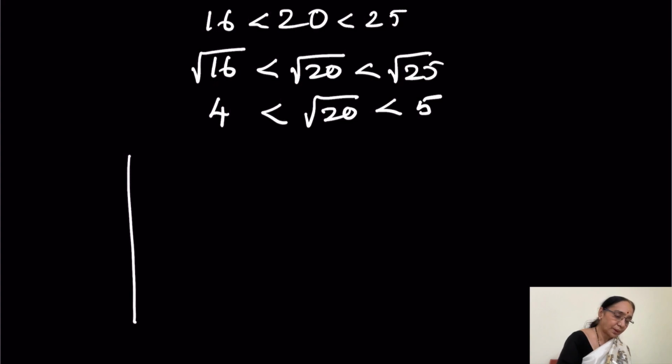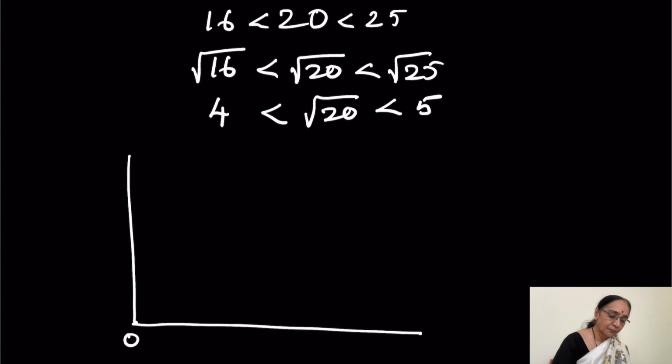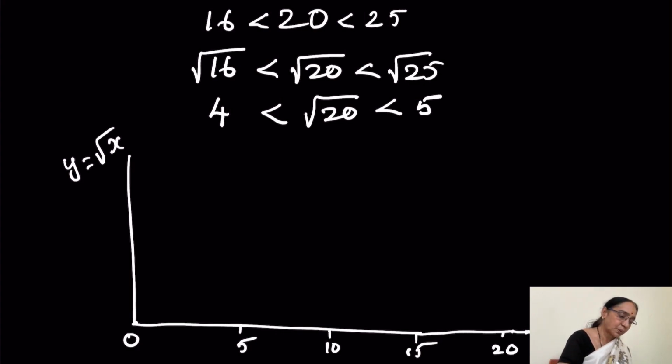You have your x-axis and the y-axis. Then you write the numbers here, say, we need 20. So 5, 10, 15 and 20 and 25. Now here the y-axis represents square root of x.